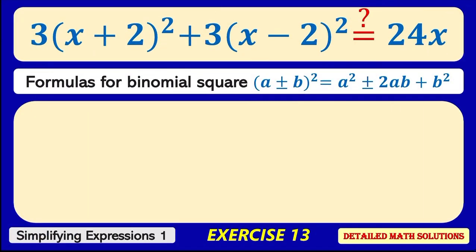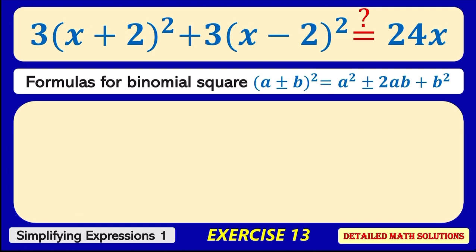Next, I'm going to show how all these steps come together and simplify the expression. The binomial square (x + 2)² can be expanded by using the formula for binomial square: (a + b)² equals a² + 2ab + b².